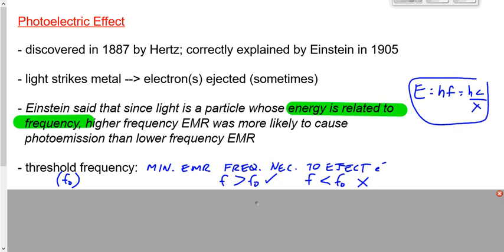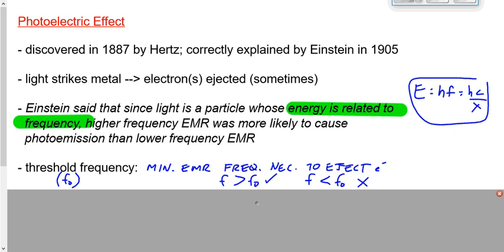Now, just as a little aside, wavelength kind of goes with that as well. Threshold frequency is usually the term that we use, but we could use a term threshold wavelength. The threshold wavelength, however, wouldn't be the minimum wavelength necessary to eject electrons. It would be the maximum wavelength, right?